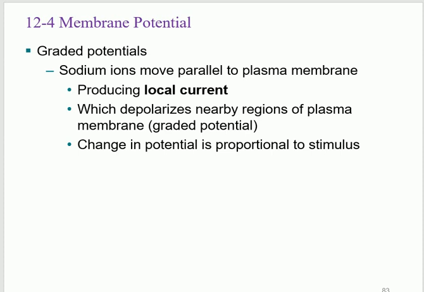How much is it? Again, it's all about the stimulus. Tiny stimulus, small local potential or graded potential. Stronger stimulus, bigger. What's the difference? All or none. You have to be strong enough to reach the threshold, or actually in this case, to bring you up, because minus 70 to minus 60 is going up, right?